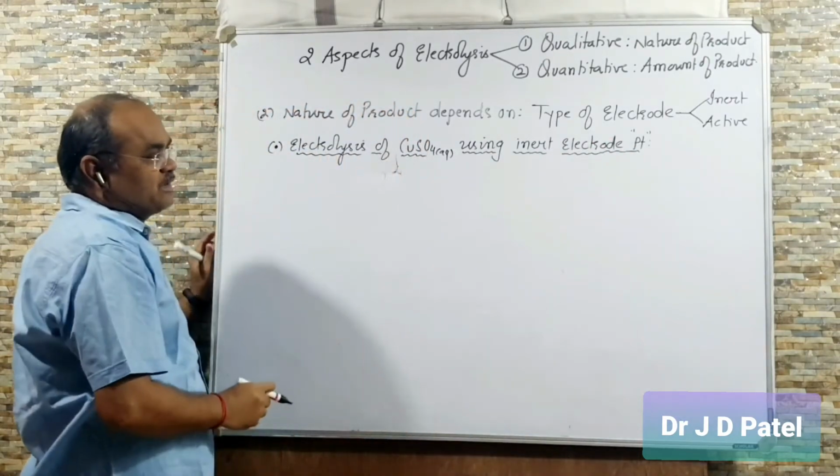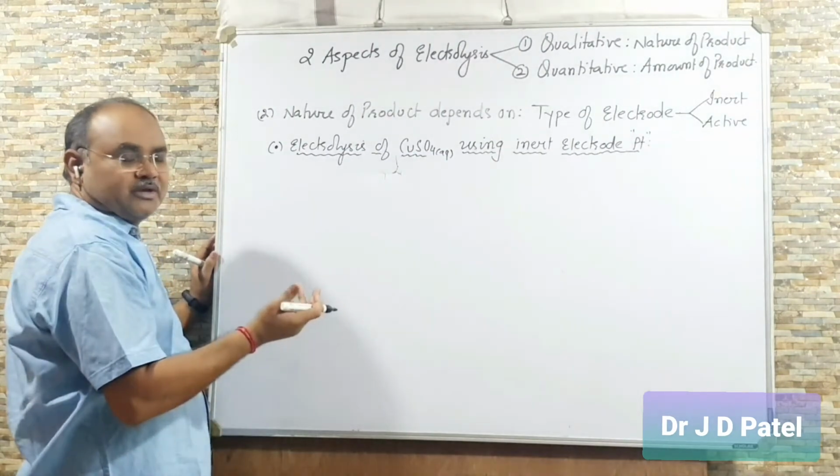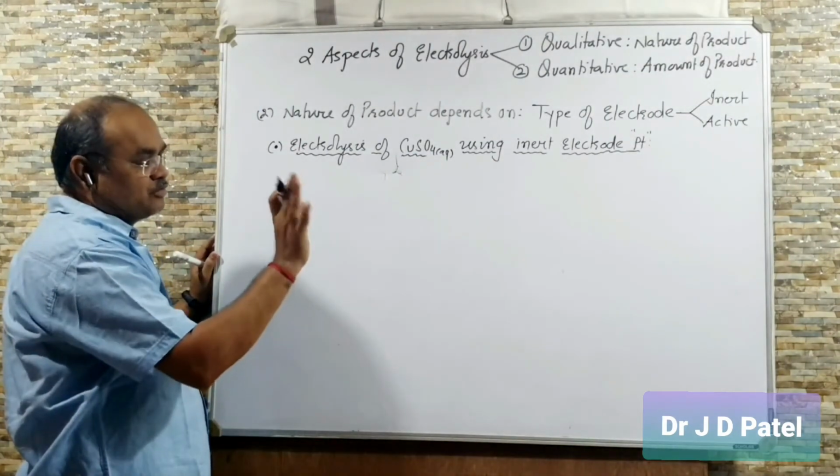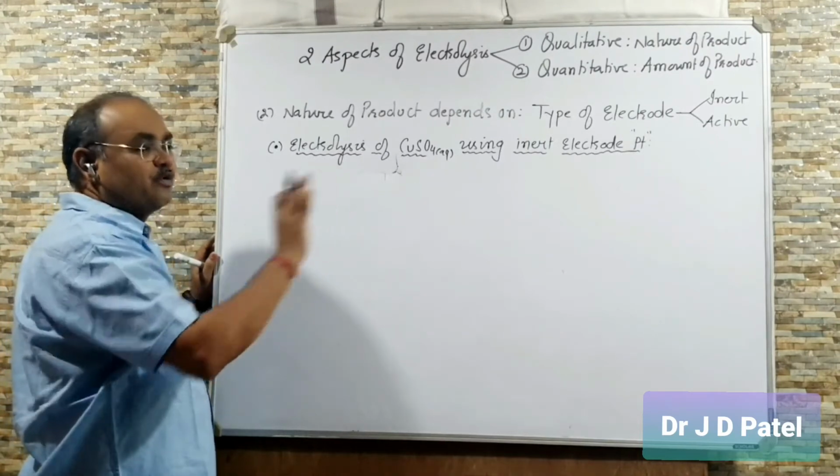Now when we use platinum electrode, platinum is inert electrode, and inert electrode does not take part in redox reaction, only provides the surface.